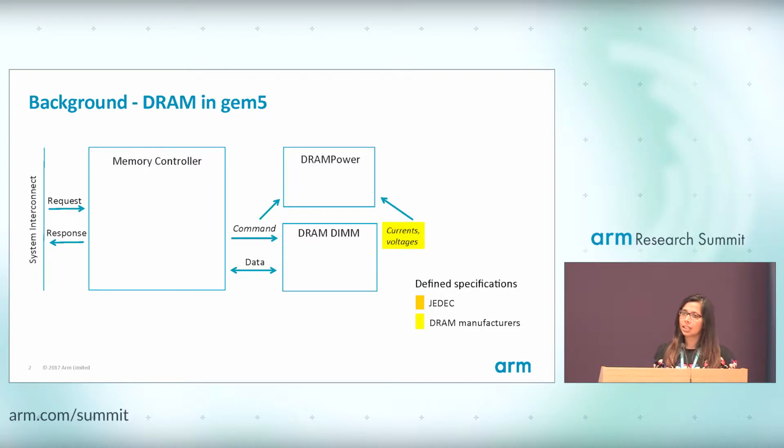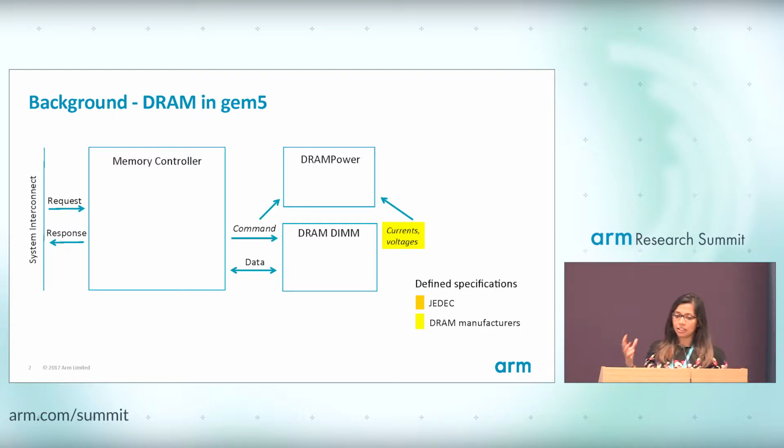The memory controller is a component which is typically on the same chip as the processor, and it interfaces with the off-chip main memory, which is a DRAM type volatile memory. The memory controller receives requests from the system interconnect and then sends read and write commands to the DRAM on the off-chip channel.